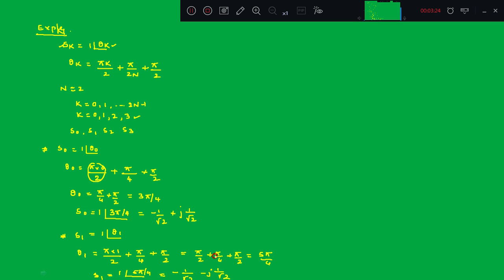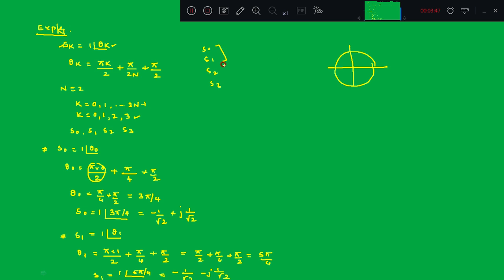And please remember, if you have 4 poles S0, S1, S2 and S3, the first 2 poles always lie in the left half plane of the unit circle. So this is the unit circle.